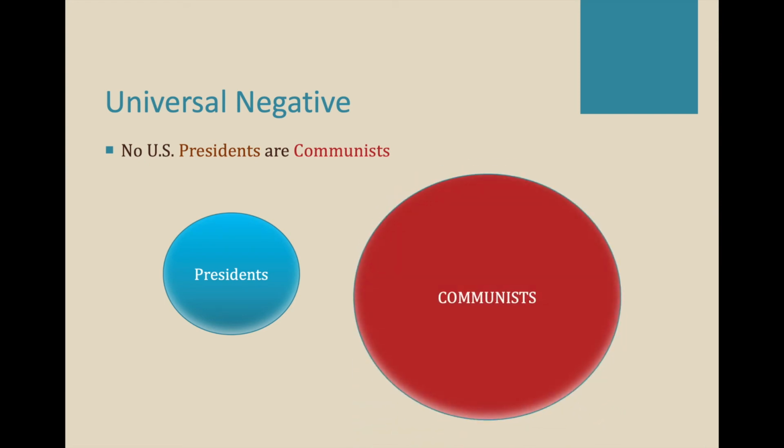There's obviously a larger group of communists than the number of people who have been president of the United States, but still, these are mutually exclusive categories, because in a universal negative statement, there's no overlap between the two categories. And so the universal negative statement says, in effect, no member of the subject term class, in this case U.S. presidents, is included in the predicate term class, which is the class of communists.